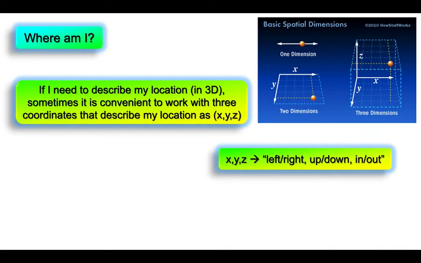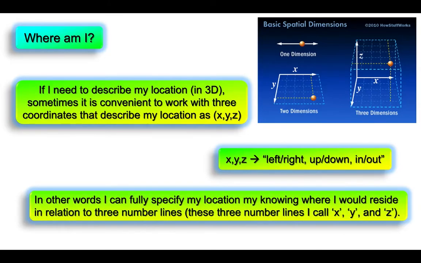So X, Y, Z usually refer to the left-right direction for X, the up-down direction for Z, and the in-out direction for Y. But sometimes we could use something a little bit more convenient. So to describe my location anywhere in the universe, I could say, with regard to some reference point, how far up or down am I, above or below that reference, how far left or right am I of that reference, and how far in front of or behind that reference point am I.